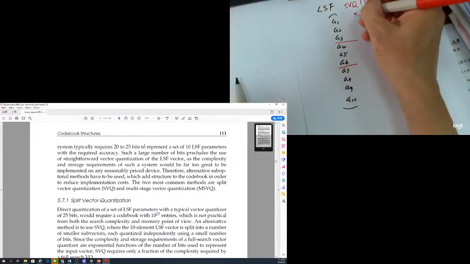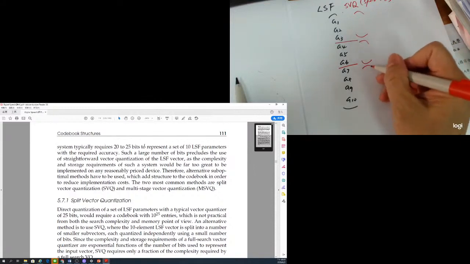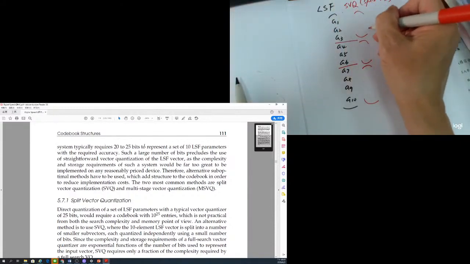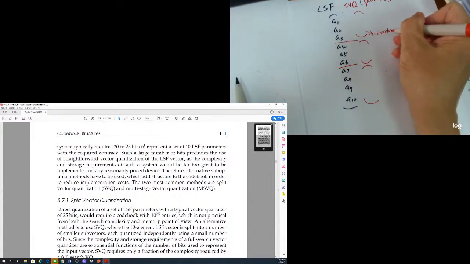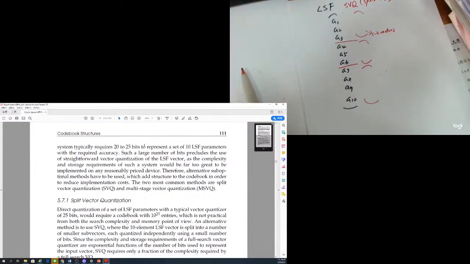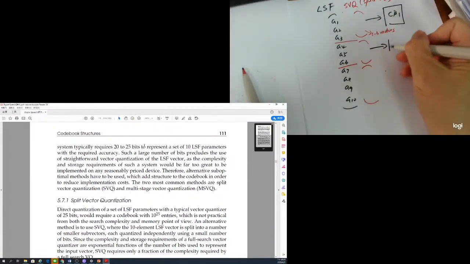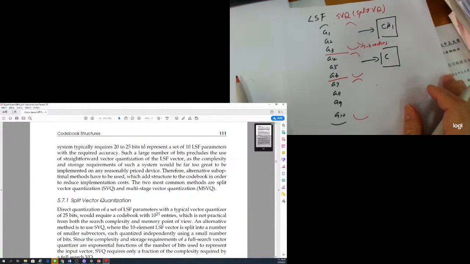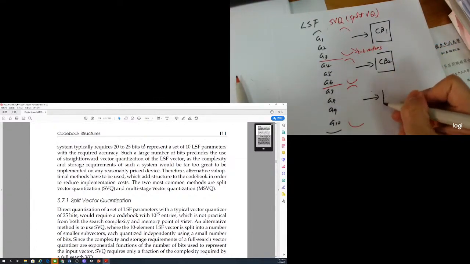So this one is a 3-element subvector, and a 4-element subvector. It's not a big subvector. Each subvector has a corresponding codebook: codebook 1, codebook 2, and codebook 3.